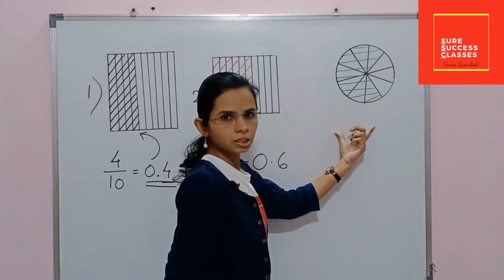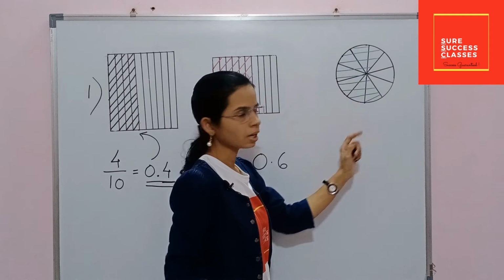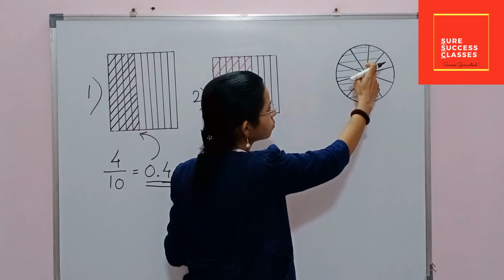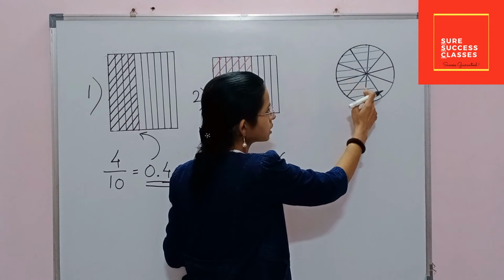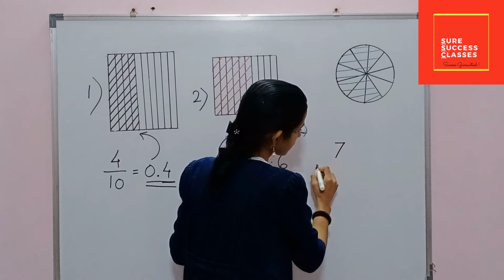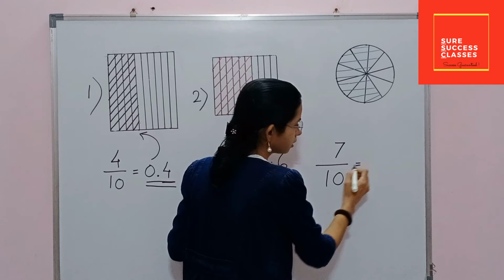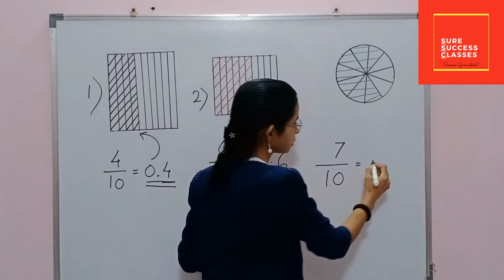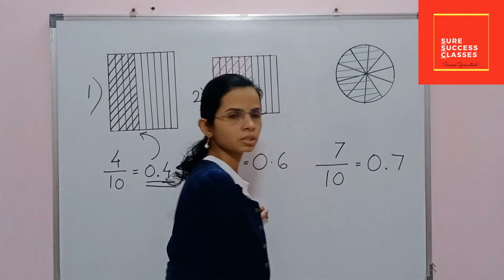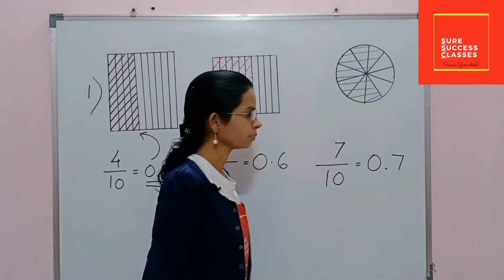And here this circle is divided into 10 equal parts, and out of those parts, how many parts are considered? 1, 2, 3, 4, 5, 6, 7. 7 parts are considered. So the fraction will be 7/10, and the decimal form will be 0.7. 7 is at the 10th place, so 0.7.